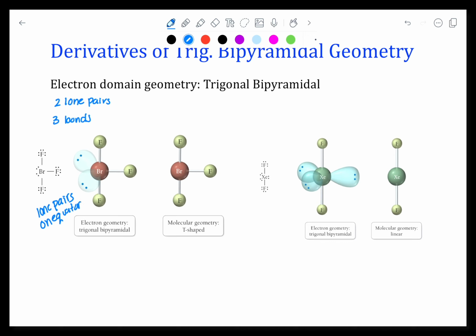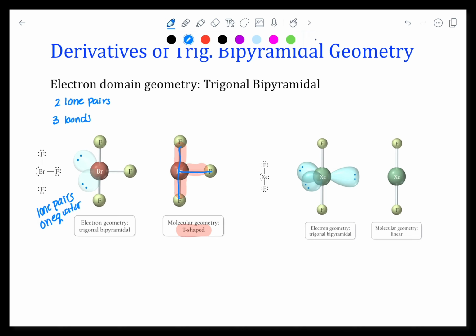That's just minimizing our repulsions. So the molecular geometry, if I were to just look at the bonds, is now called a T shape because it literally looks like a T. All of those atoms are in plane with each other. We're now in the same plane, so they make a T shape. Again, not creative with our names.